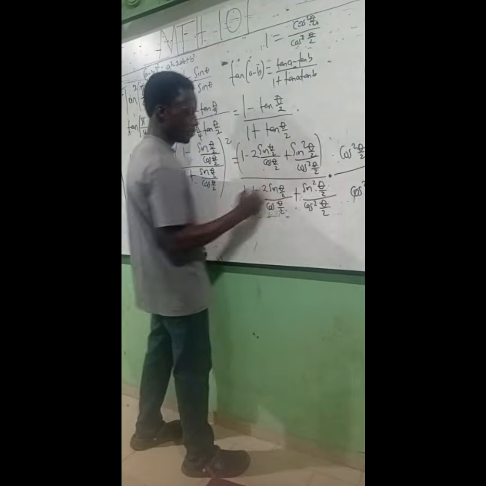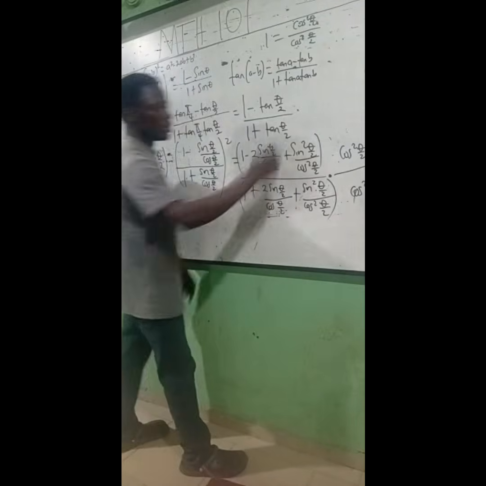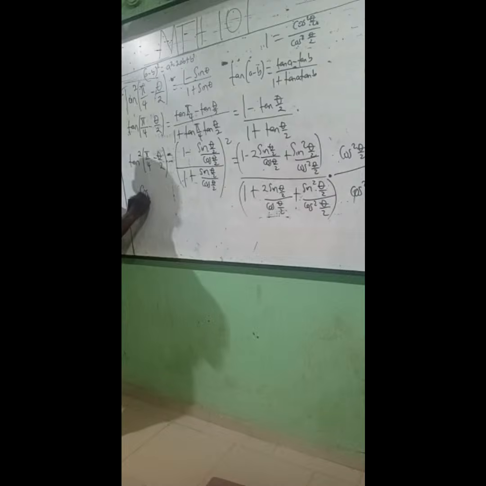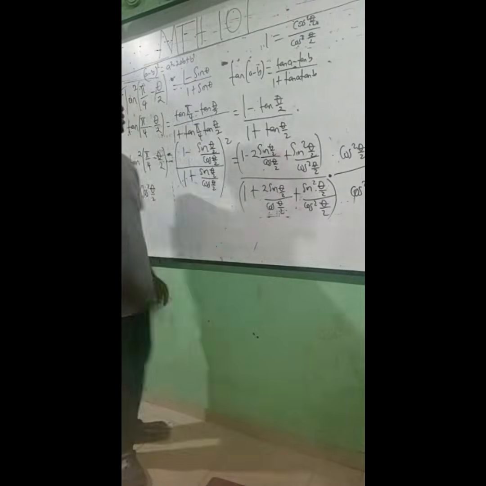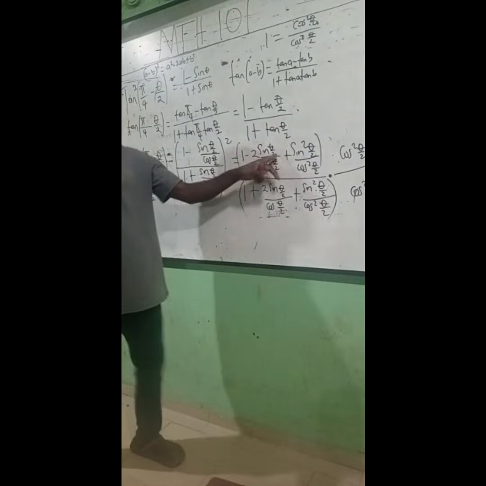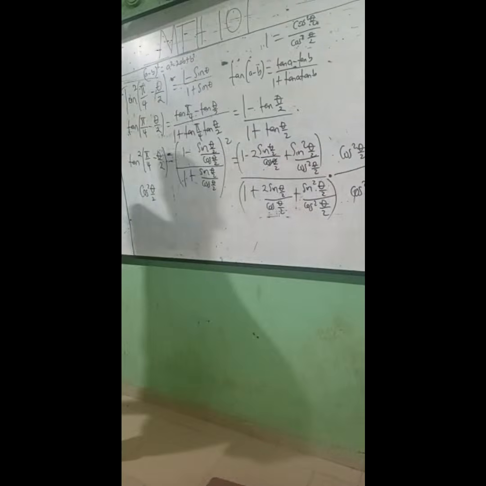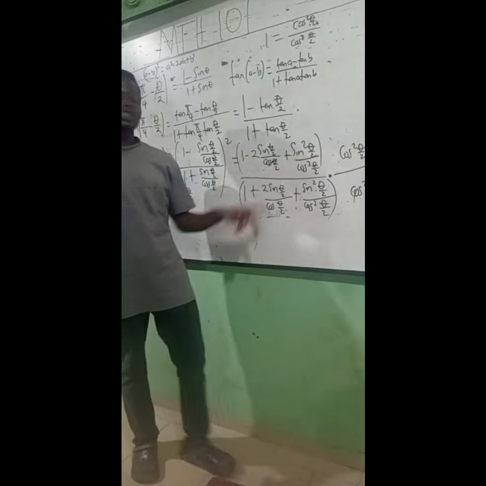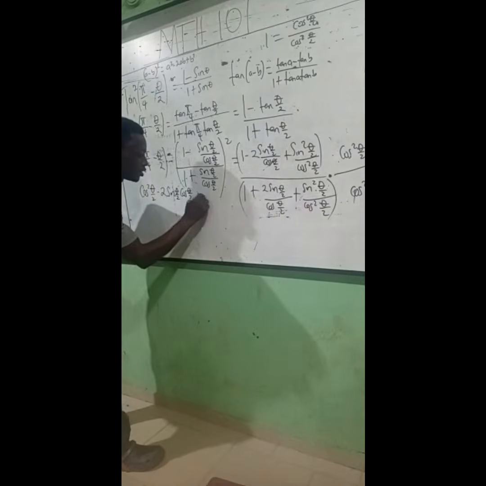So let's put this in brackets. Cos square theta over 2 times 1, and cos square theta over 2 times this will cancel one out of it. So we now have 2 sin theta over 2 cos theta over 2. So 1 minus 2 sin theta over 2 cos theta over 2, this times this we cancel. What are we going to have left?